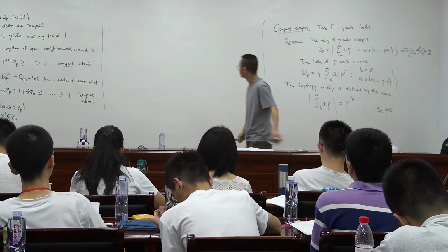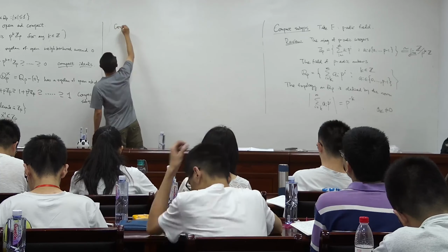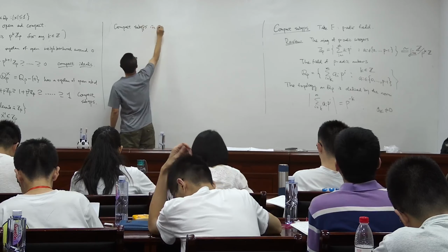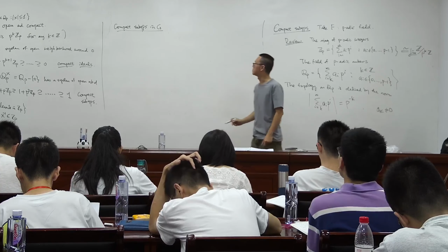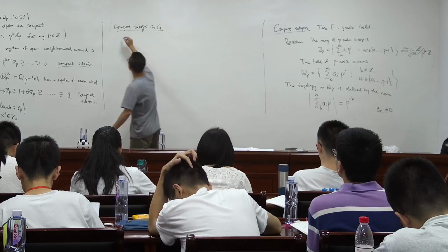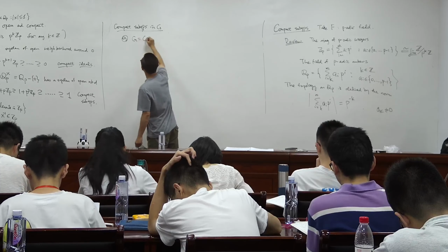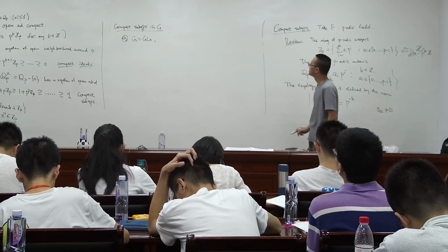Perhaps I can give some examples in the general linear group, to get a sense of how compact subgroups look like.